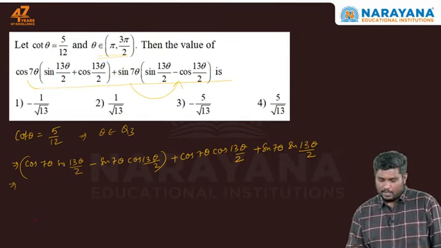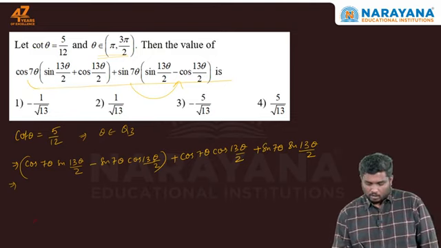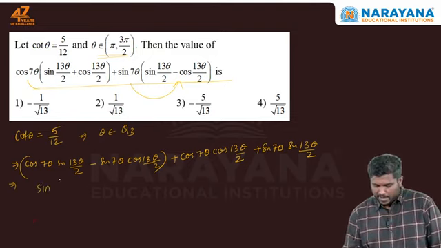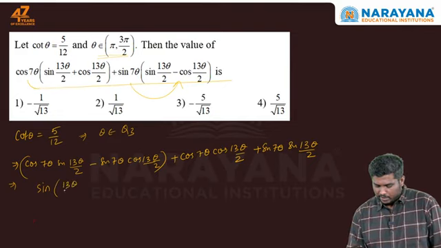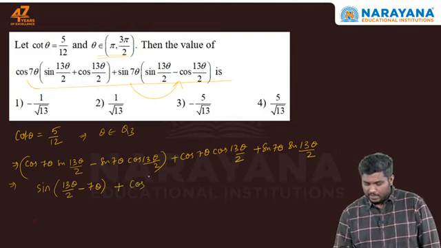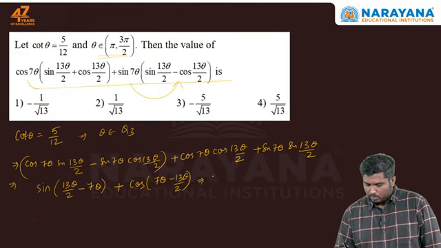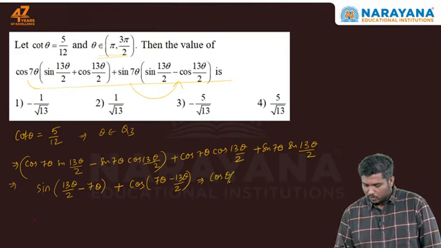Cos A sine B minus sine A cos B, which is sine of A minus B, 13 theta by 2 minus 7 theta, plus cos A cos B plus sine A sine B, which is 7 theta minus 13 theta by 2. So guys, this will be cos theta by 2 minus sine theta by 2.